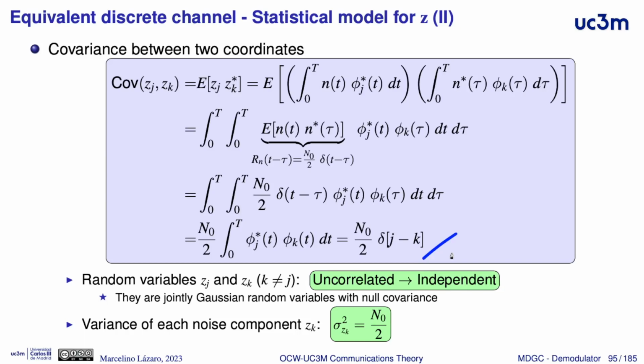As the covariance is 0 for different coordinates, these coordinates are uncorrelated, and for Gaussian variables this means that they are independent, and we have that the variance for each component is equal to N0 halves.